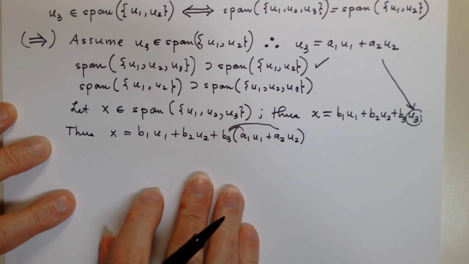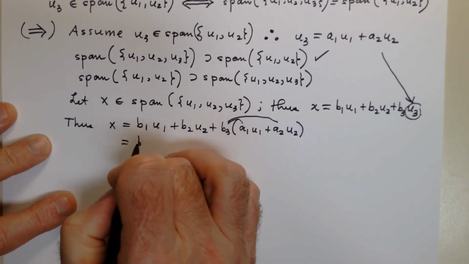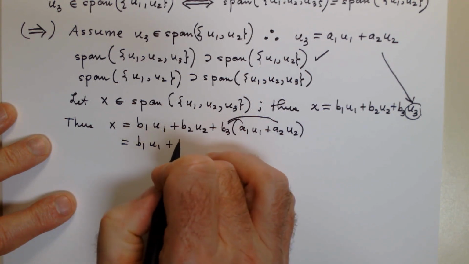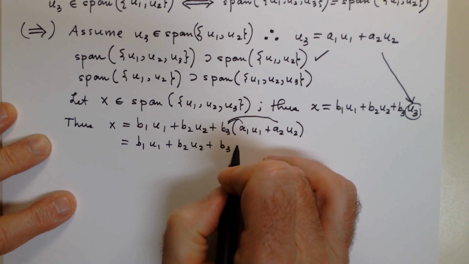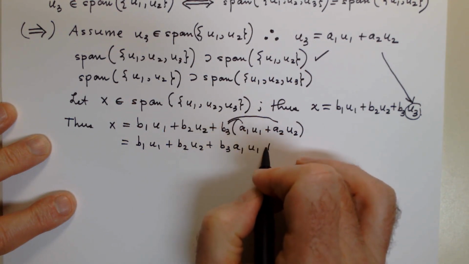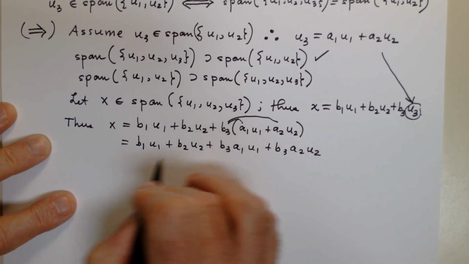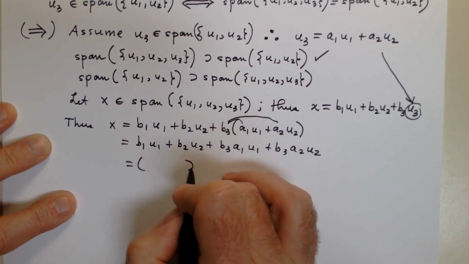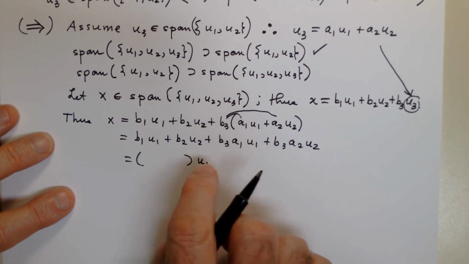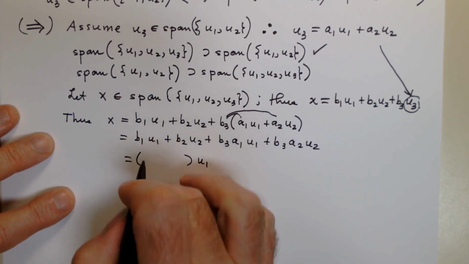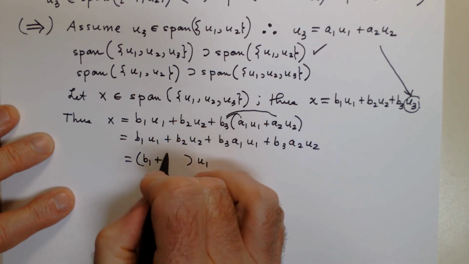Now, the only thing we have left to do is to distribute the scalar and then collect our terms together. All right, I'll do that in 2 steps. You can do it in 1 step, but I'll do it in 2. So we can think of this as a single scalar that's multiplying U1, and that's going to be the B1 plus the B3A1.